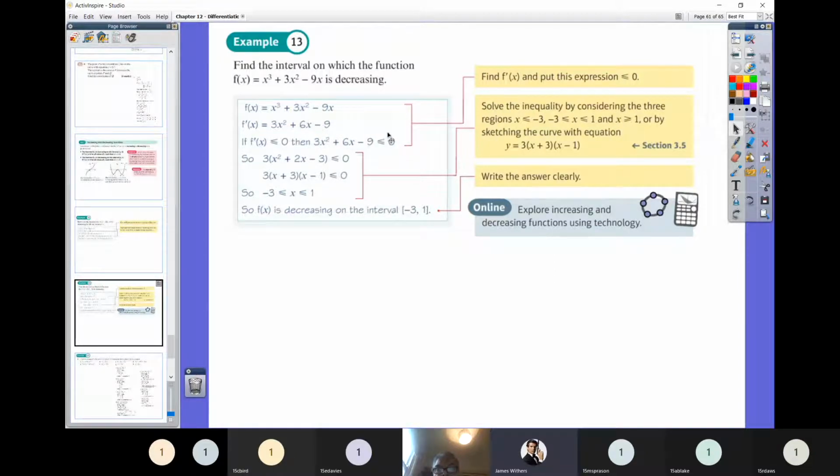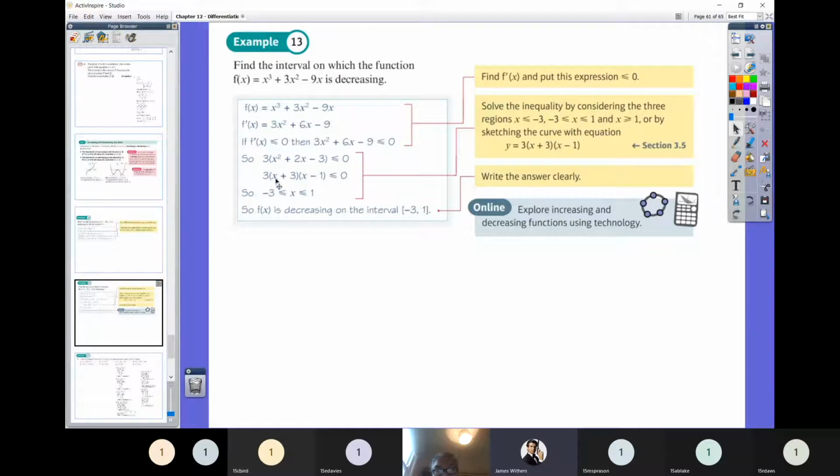I'm not quite sure where it says less than or equal to. Not sure I like that, because I think when it equals 0, it's not increasing or decreasing. Anyway, having differentiated it, let's divide through by 3 and factorize it, and we can see when this is going to give us a negative result.